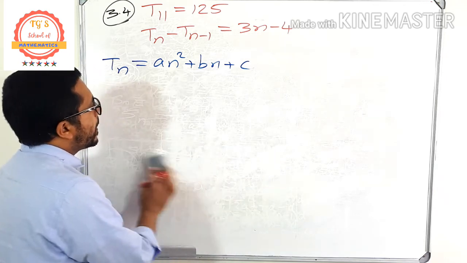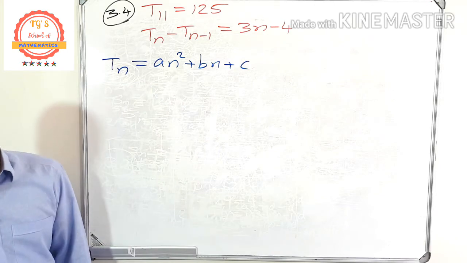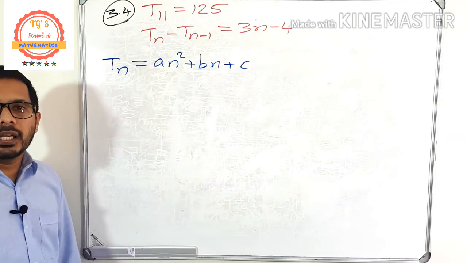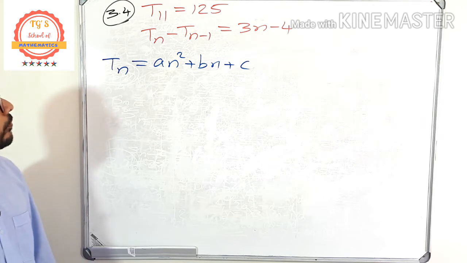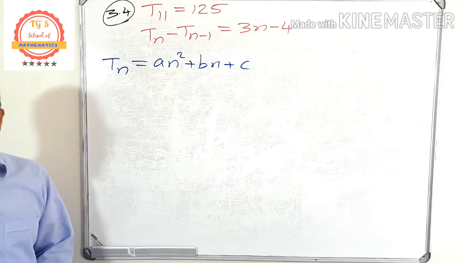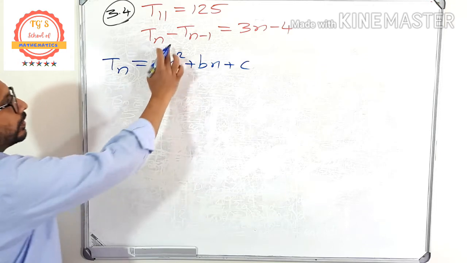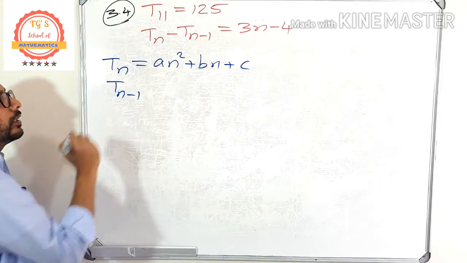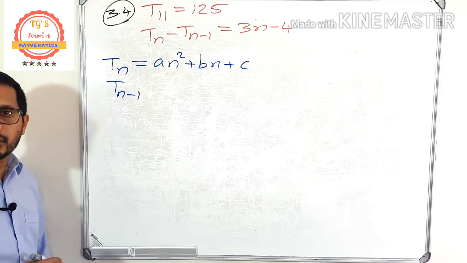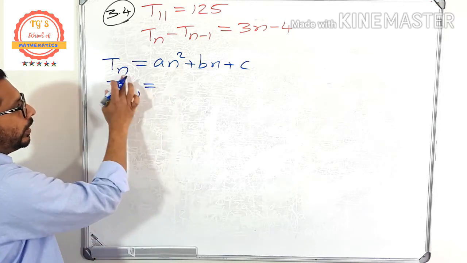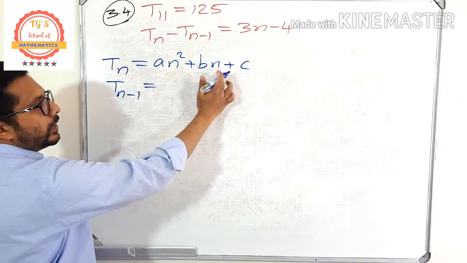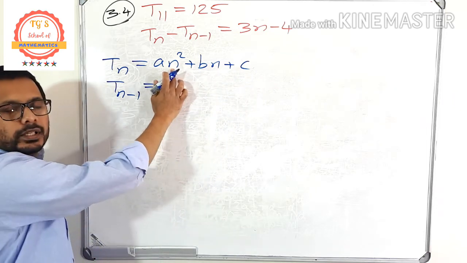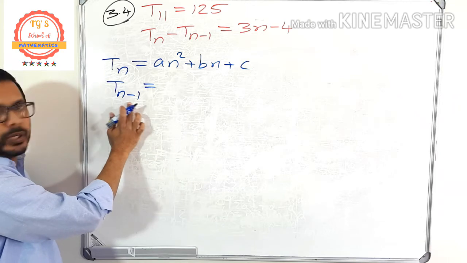Now look at this expression: Tn is equal to an square plus bn plus c. How can I find Tn minus 1? When it is n, it is an square plus bn plus c. So when it is n minus 1, instead of this n, you have to substitute n minus 1.